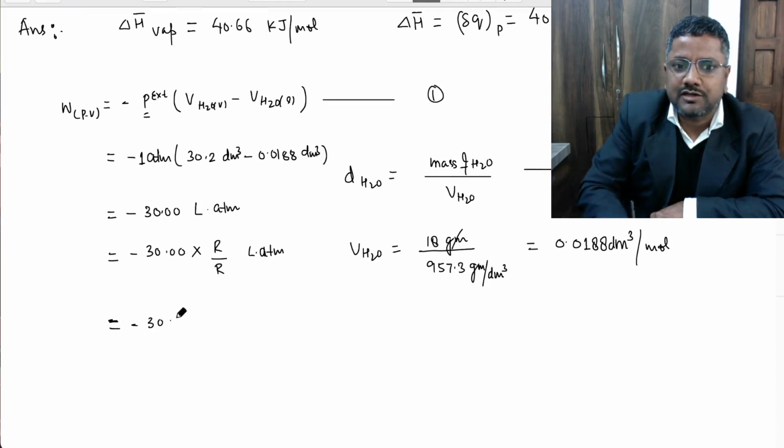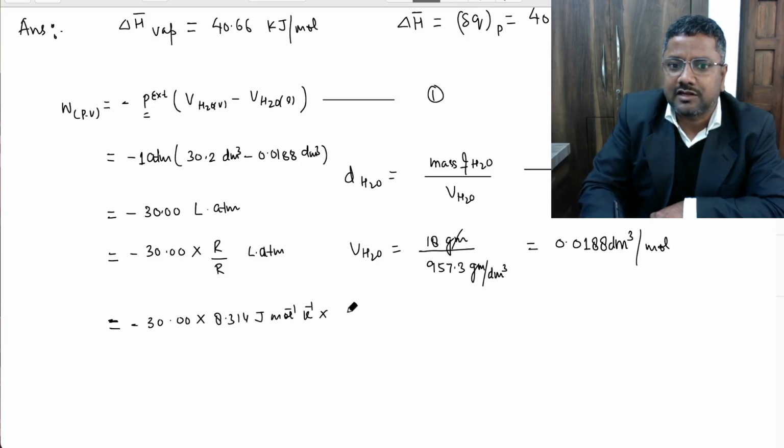So 30.00 multiplied by R, here I have taken 8.314 joules per mole per degree Kelvin, and divide with the value of R in liter atm, 0.0821 liter atm per mole per degree Kelvin.